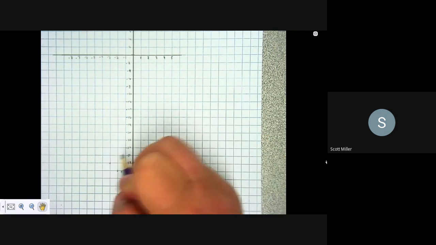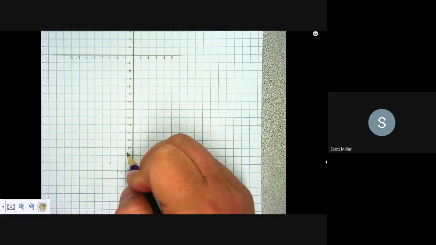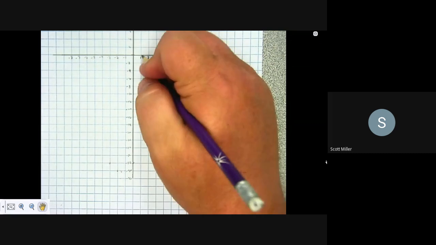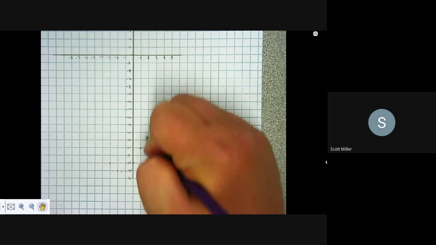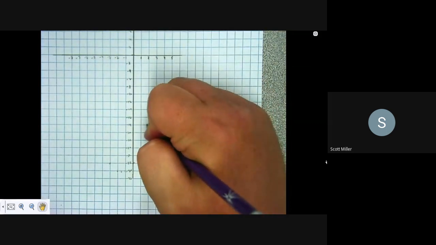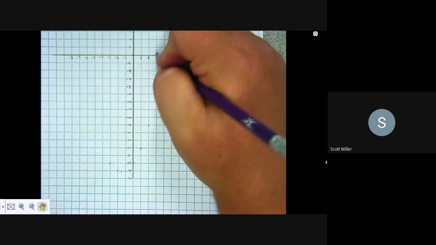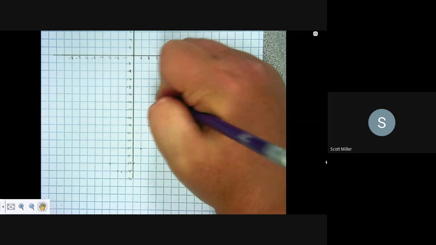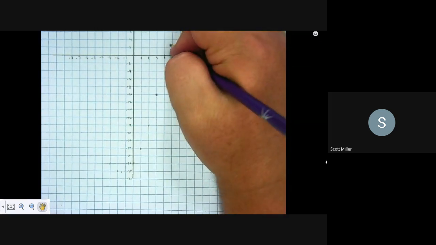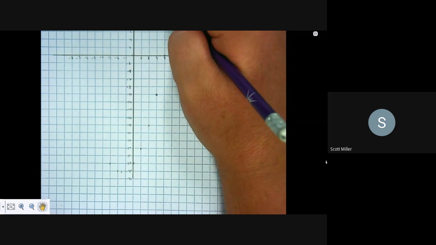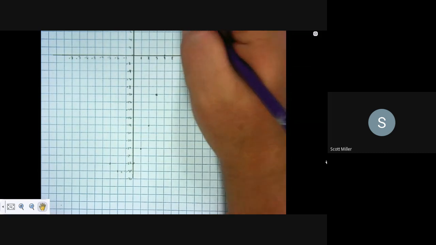I've done some other numbers, and I'll go ahead and tell you what these are. 1 is at negative 24. 2 is at negative 18. 3 is at negative 10. And 4 is going to be at 0. And 5 is going to be at 12. So I already figured all those out for us.